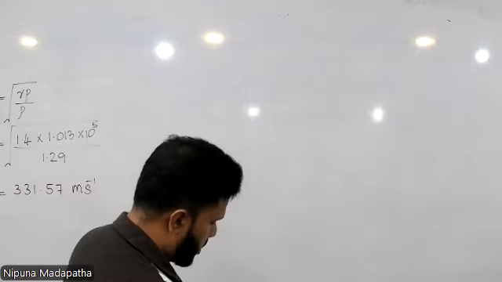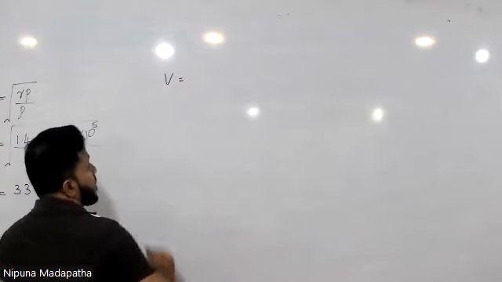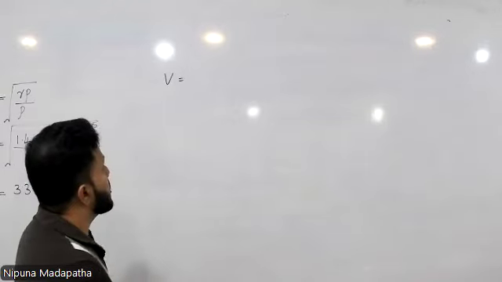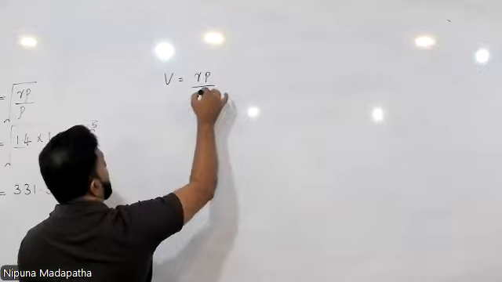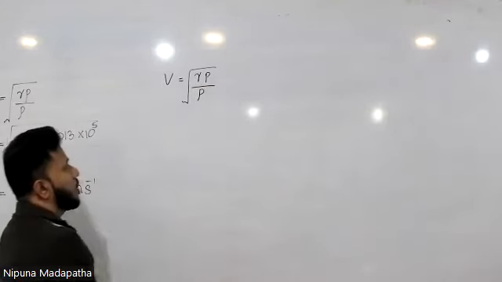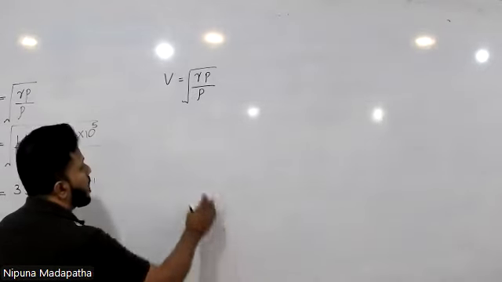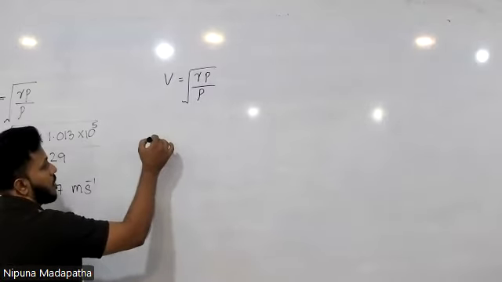Right, so now we are going to see the relationship between temperature and the speed of sound in air. V equals the square root of gamma P over rho. We assume air is an ideal gas, so you can apply the ideal gas equation.